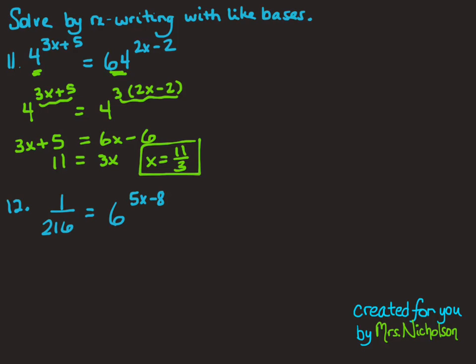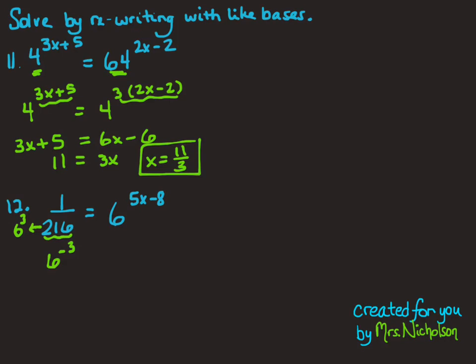Now in this one, we've got 1 over 216 is equal to 6 to the 5x minus 8. 216 can be rewritten as 6 to the 3rd, but notice that that's in the denominator of a fraction, and so really I need to rewrite this whole side as 6 to the negative 3.